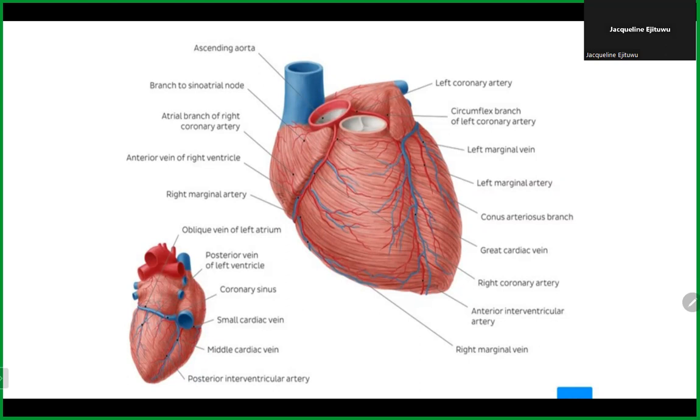After it gives off smaller branches, the SA nodal branch and the other smaller branches, it passes along the inferior surface of the heart and the crux of the heart, where it gives a posterior descending artery in cases of right dominant circulation. Next slide, please.